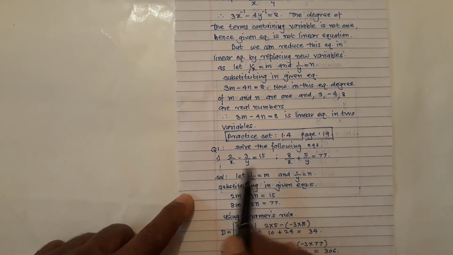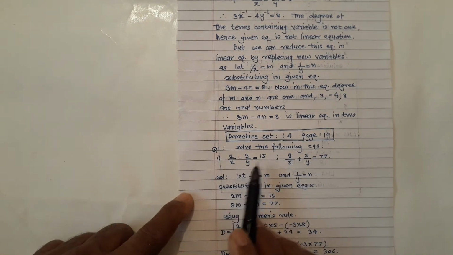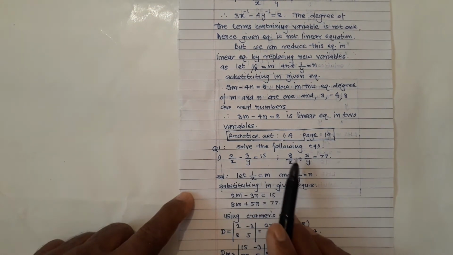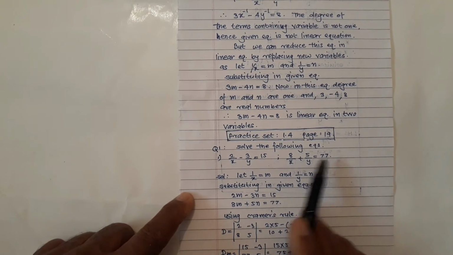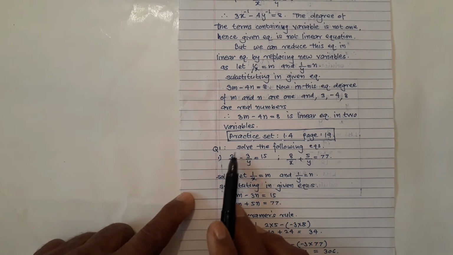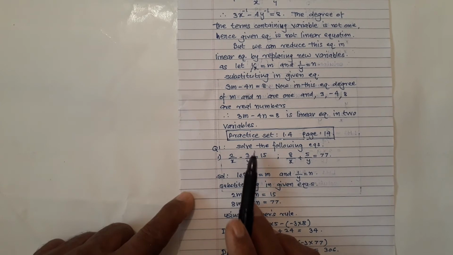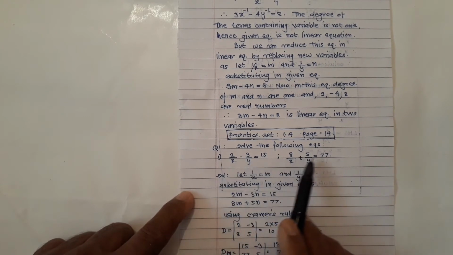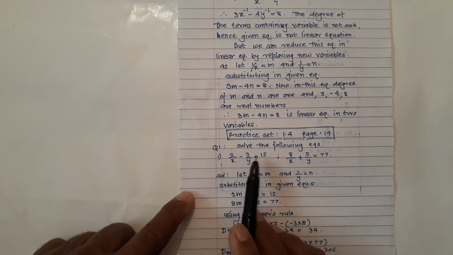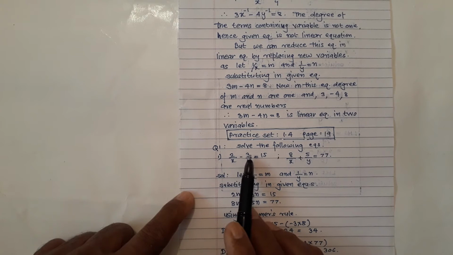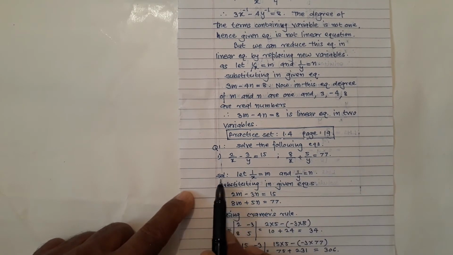Now two equations are given. 2 upon x minus 3 upon y is equal to 15. 8 upon x plus 5 upon y is equal to 77. 2 upon x means 2 into 1 upon x, and 3 upon y means 3 into 1 upon y. So in this case you assume 1 upon x is equal to some variable, and 1 upon y is equal to another variable. Okay, now try to understand the solution.